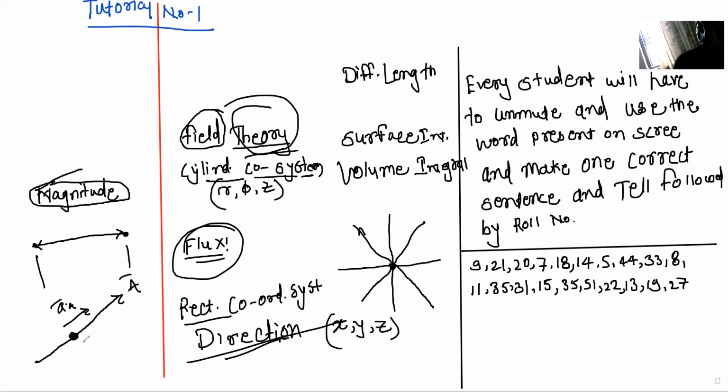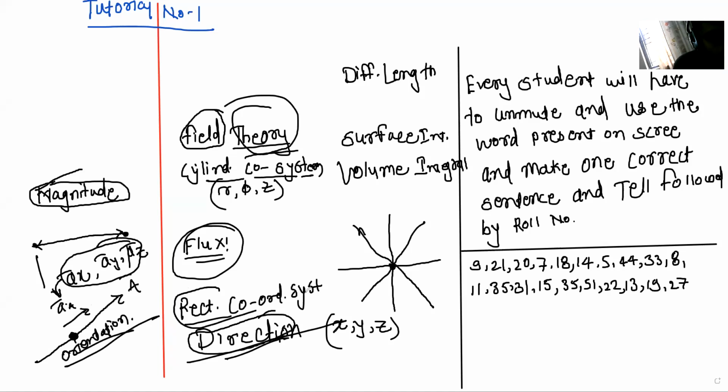If you ask me what is the direction, you will simply say that it is the orientation, in which direction it is oriented. It will basically have three components: a bar x, a bar y, a bar z. All those three components together represent the final unit vector a bar a. That is direction, right?